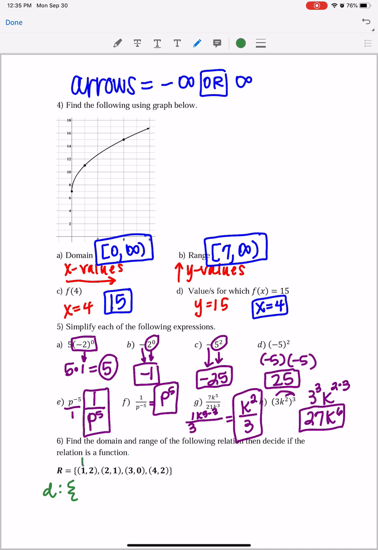So your domain is all of your x coordinates. Now usually we like these in least to greatest, but if you list them in any order, it really doesn't matter. But 1, 2, 3, 4, and then squiggly bracket, close it. And then your range is all of your y values.